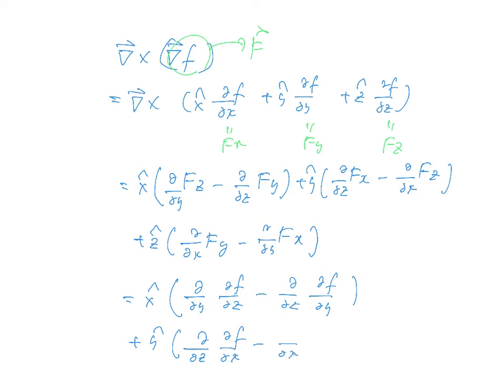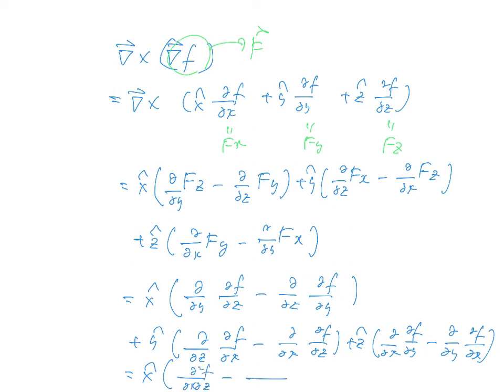This is basically partial y partial z of f minus partial z partial y of f, partial z partial x of f minus partial x partial z of f, partial x partial y of f minus partial y partial x of f.